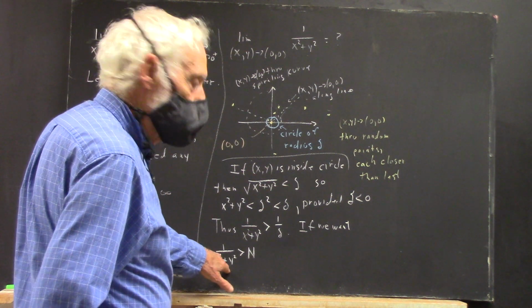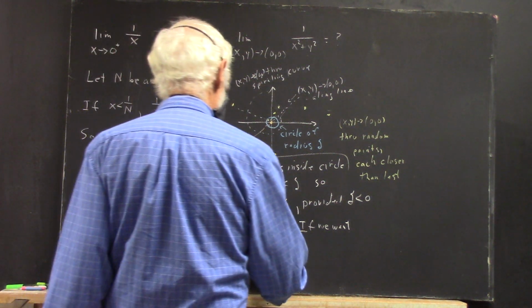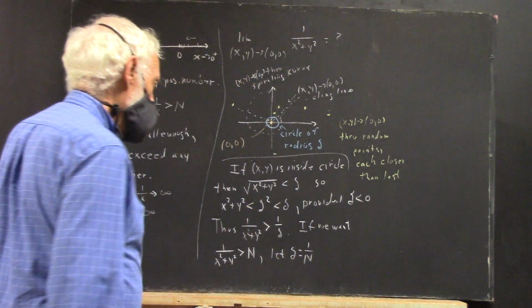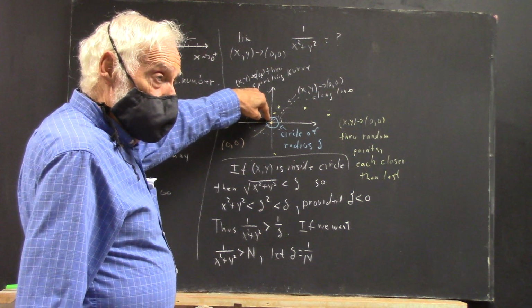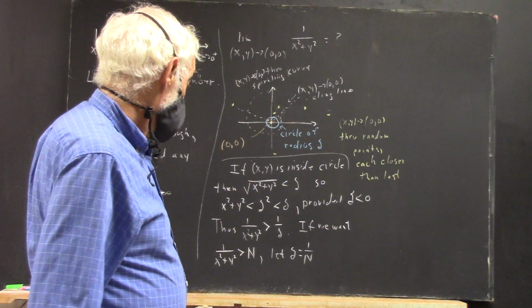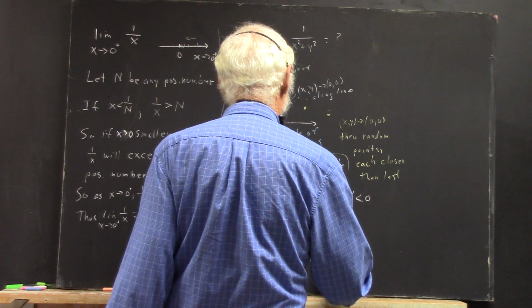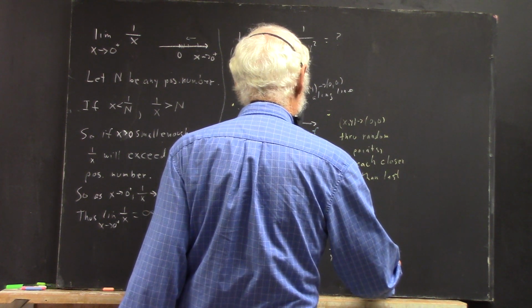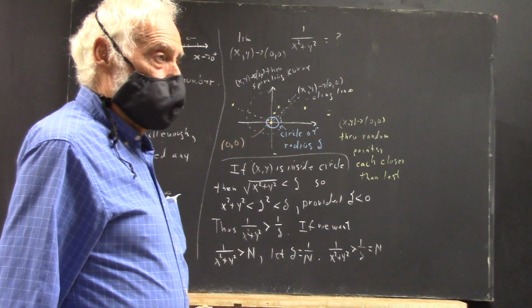So if we want 1 over x squared plus y squared greater than n, where n is again any positive number, let delta equal 1 over n, and if we're in that little circle of radius delta, we know that this has to be greater than n.